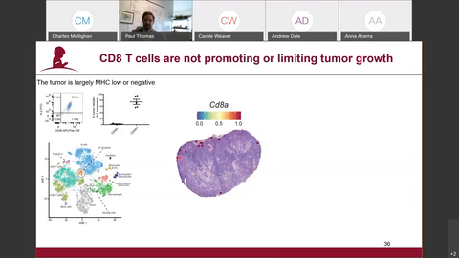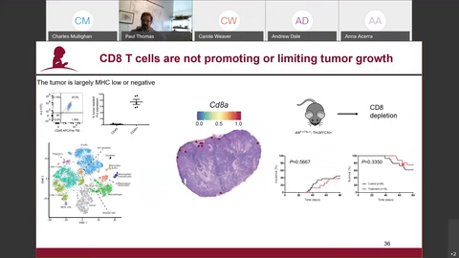And indeed, like the B cells, the CD8 T cells were really in these border regions and were not going into the tumor. And if we depleted the CD8 T cells, there was, if anything, a slight trend towards actually fewer tumors rather than more tumors, which is if the CD8 T cells were getting rid of the tumor, what we would have expected. But it wasn't statistically significant.